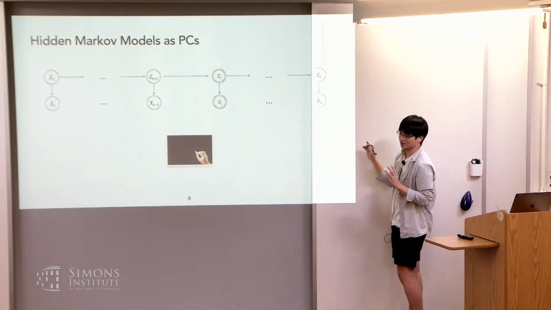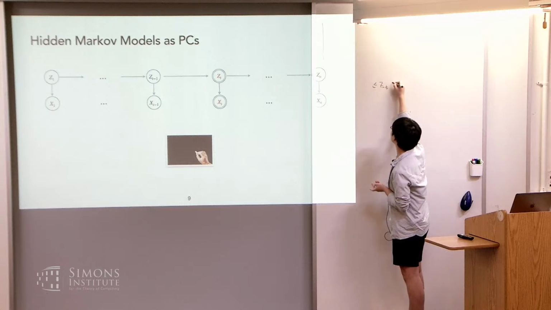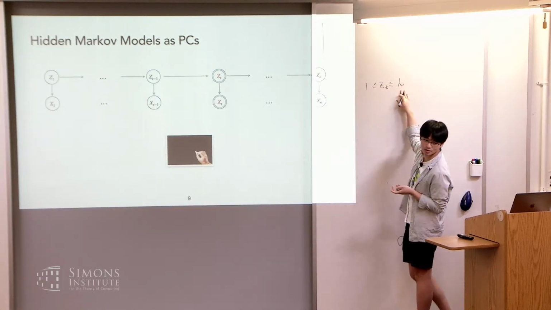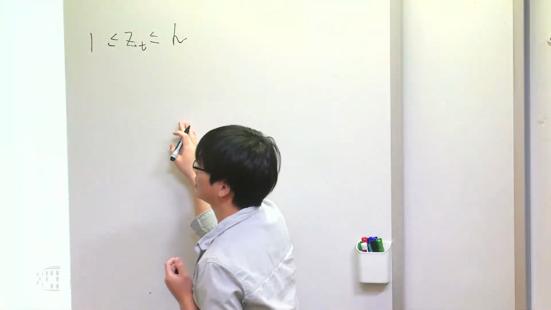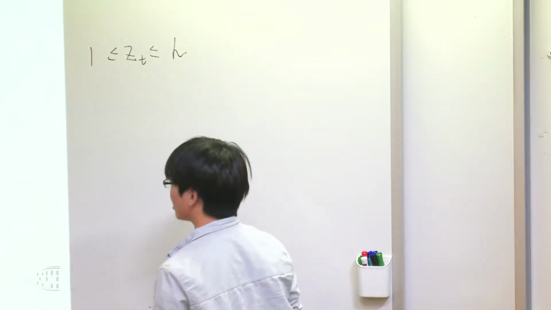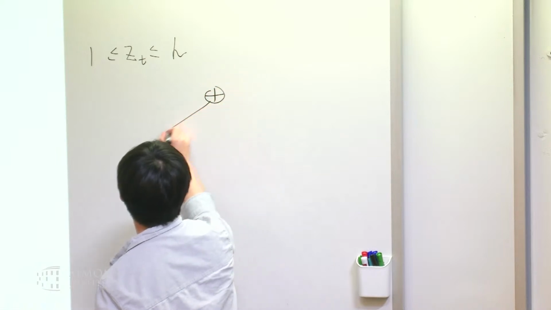One assumption we have is that our hidden states, or latent variables, are discrete variables taking values from 1 to h, where h is the number of hidden states. Any questions? So we start from the very beginning. In an HMM, we start with the initial state, Z1, and it has h choices.